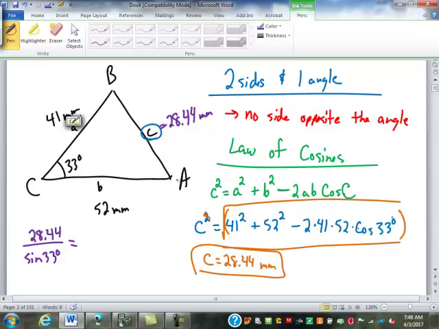It doesn't matter, except here, looking at B, I'm not sure if B is just less than 90 degrees or just more than 90 degrees. So the safer bet is to always use the smaller side.